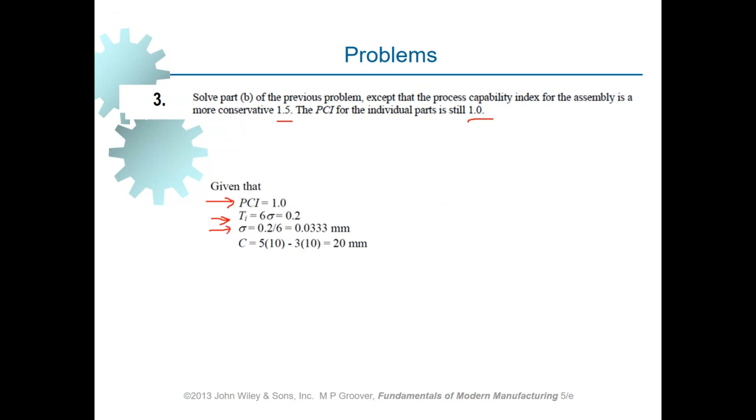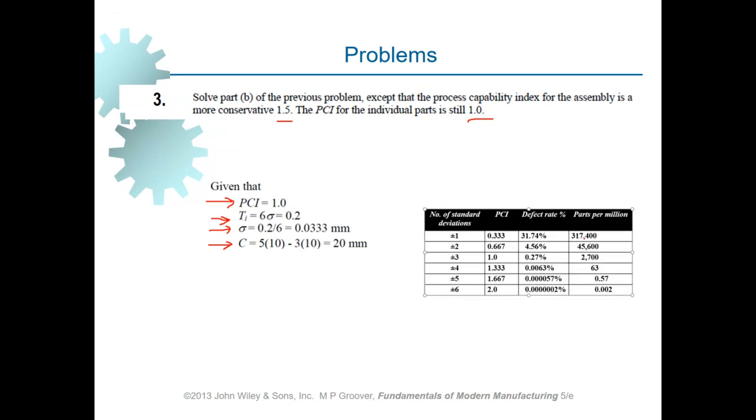Sigma is this much for the individual parts, and the value of C was already computed to be equal to 20. If we take a look at the table that I had explained before, in this column, if PCI is equal to 1.5, it is sitting somewhere here, meaning that we will end up with a smaller number of scrapped parts compared to when PCI was equal to 1.